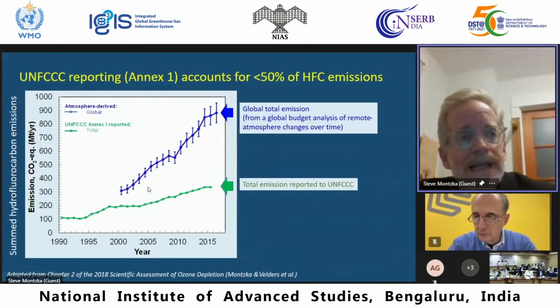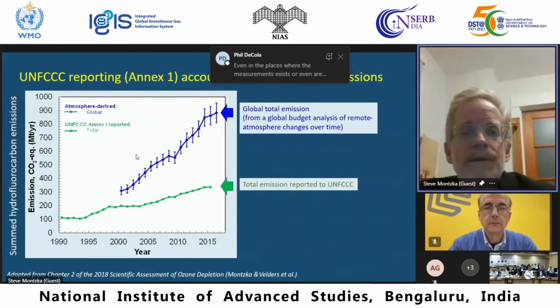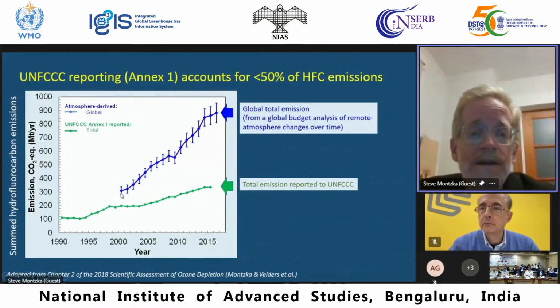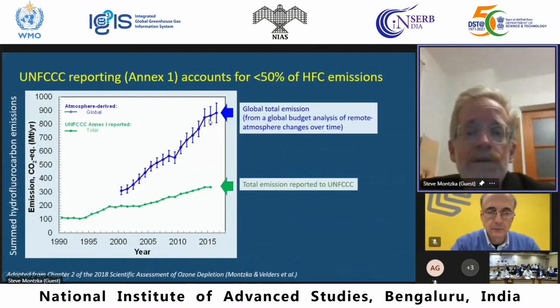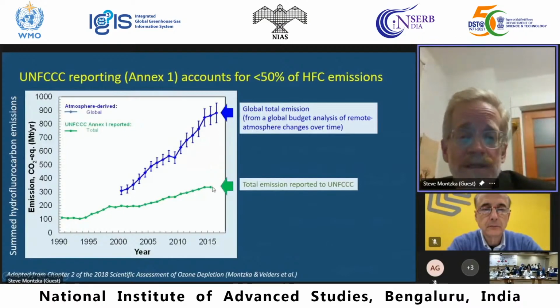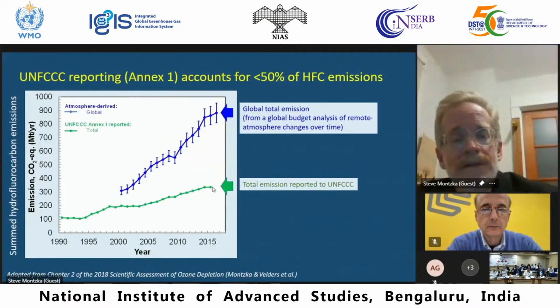And for our budgetary analysis on a global scale using background atmospheric measurements, global total emissions have increased quite dramatically over time, as represented by this blue line. But what's reported to the UNFCCC in total HFC emissions is quite a bit lower because only a portion of countries are reporting to UNFCCC.